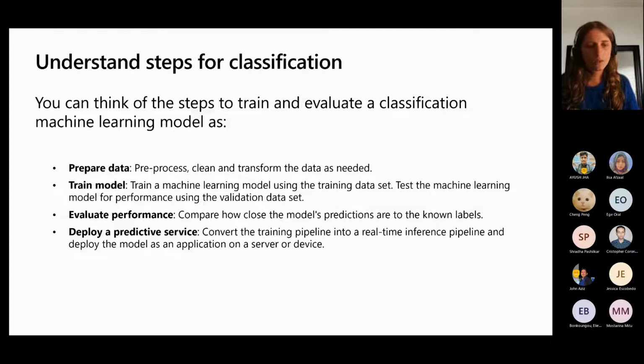But once you achieve a performance with which you are satisfied, so you are ready to, let's say, go into production, you can deploy your trained model as a predictive service into a real-time endpoint. And to do so, you need to convert the training pipeline into a real-time inference pipeline. And then you can deploy the model as an application on a server or device so that others can consume this model.